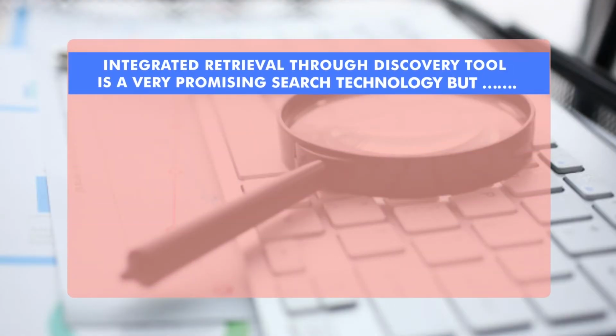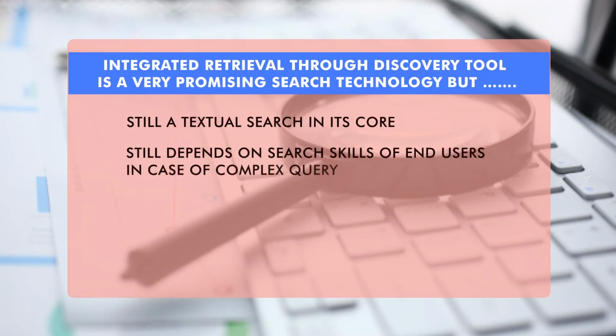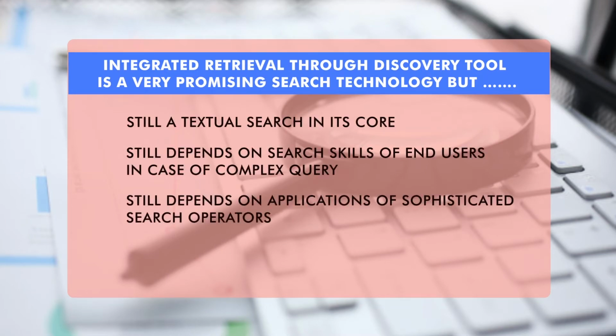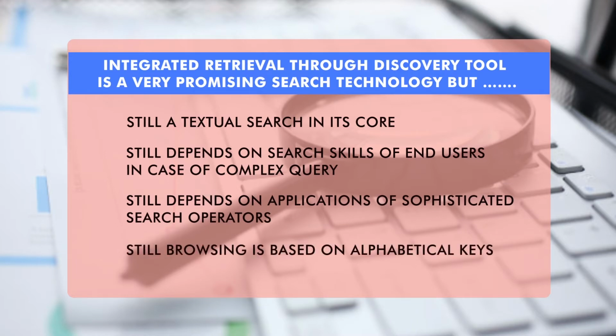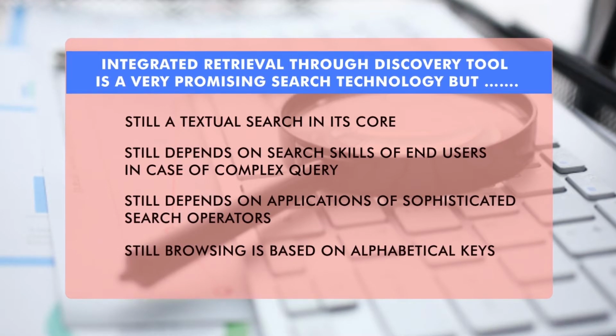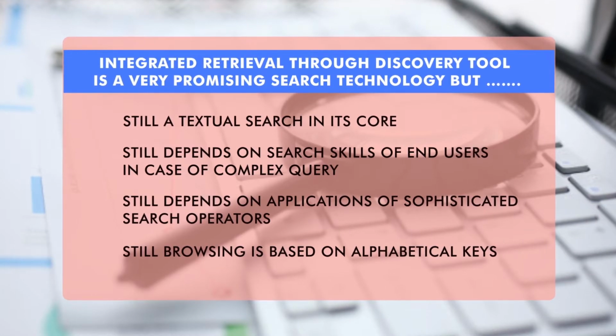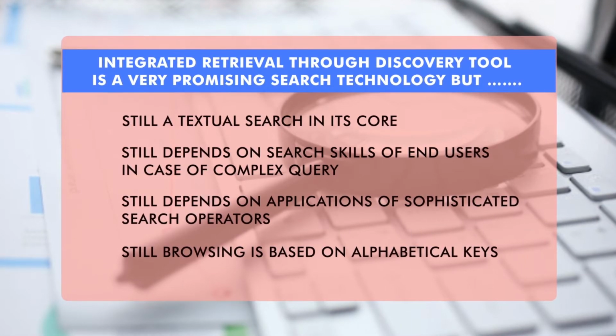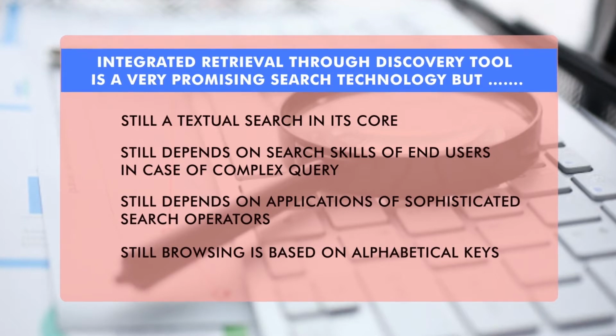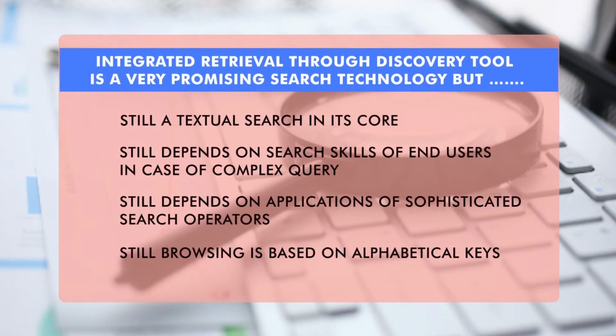But even in the case of an integrated retrieval system, by using a discovery tool like VuFind, Blacklight, SOLR-based tools, etc., there is still a problem in searching where users need to set different kinds of Boolean operators to retrieve related resources where place names are very important.